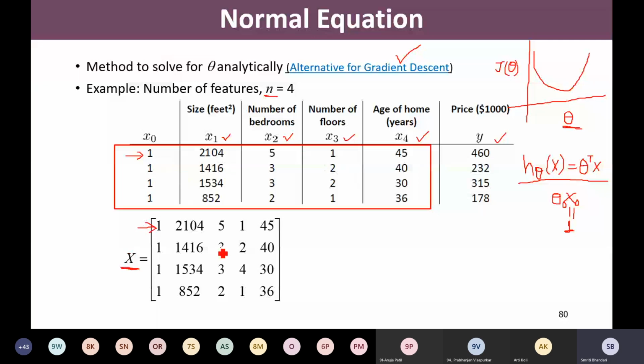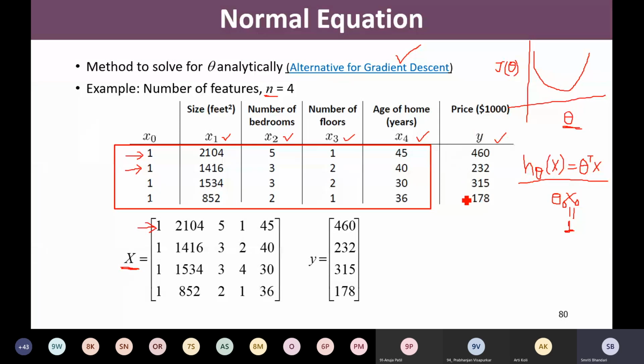Second sample, second row. Third sample features, third row. Fourth sample, fourth row in this matrix. So simply, whatever feature values I am having for various examples in my training data set, I have come up with this matrix X.